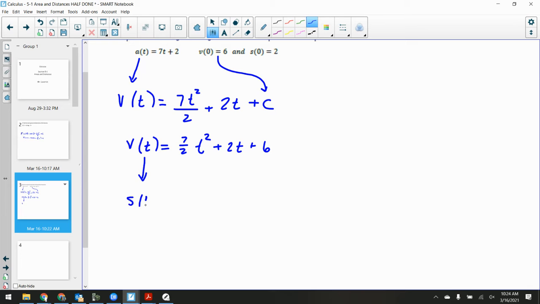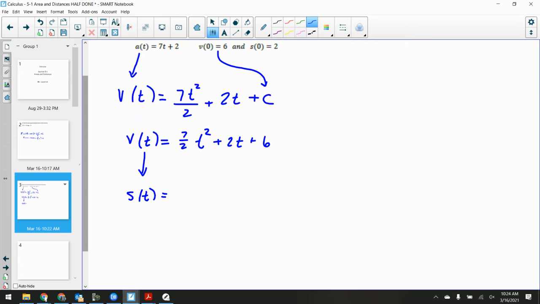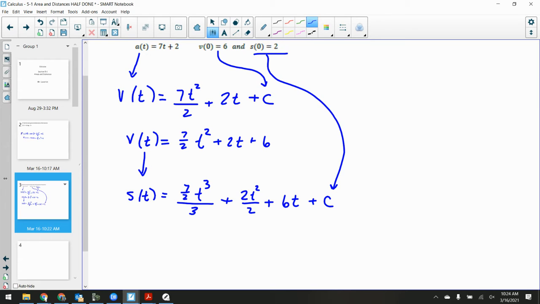So s of t is equal to 7 over 2 t to the third, all divided by 3, plus 2t squared divided by 2, plus 6t plus my constant for position. I know my constant for position because s of 0 is 2.